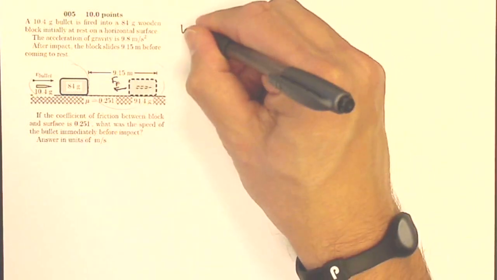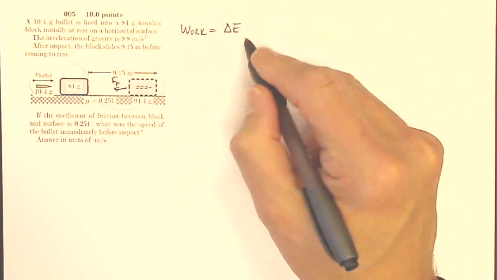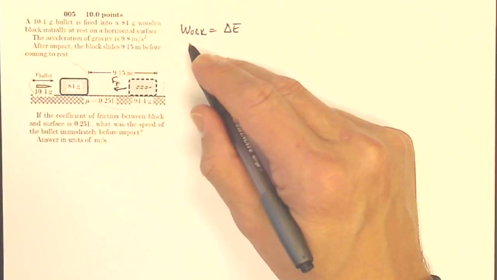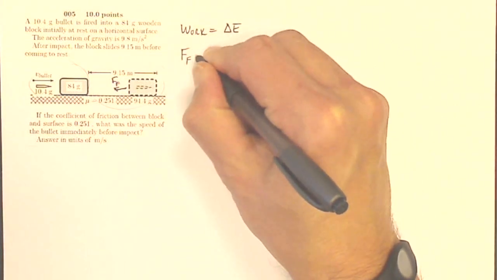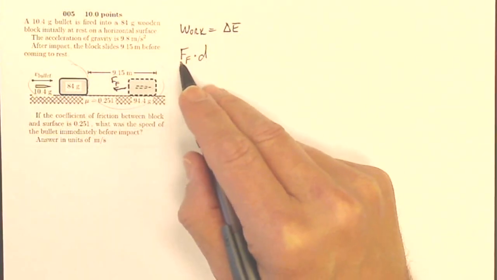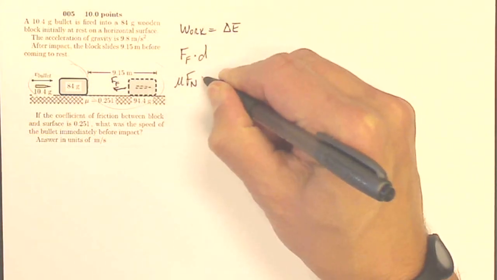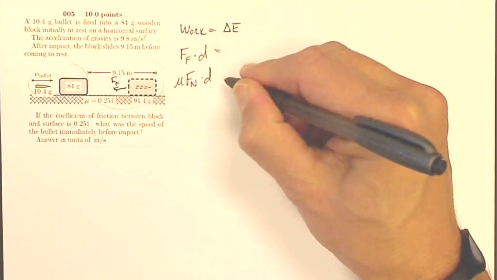So first I have to do my work equals my change in mechanical energy problem. So the work done is going to be the force of friction times the distance it travels. The force of friction is going to be mu times the normal force, also times the distance.